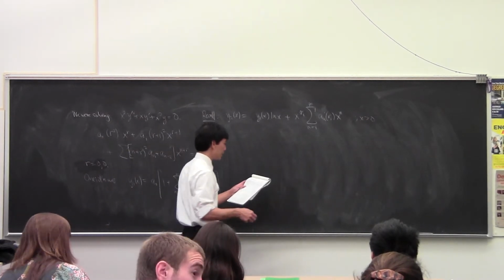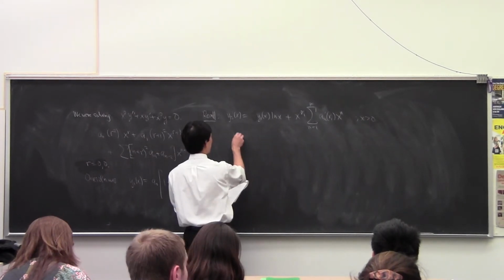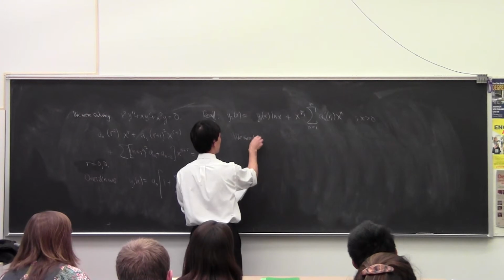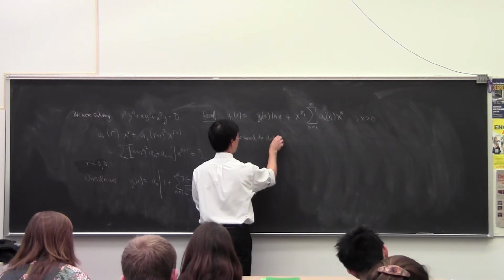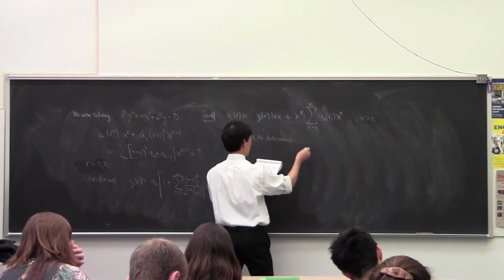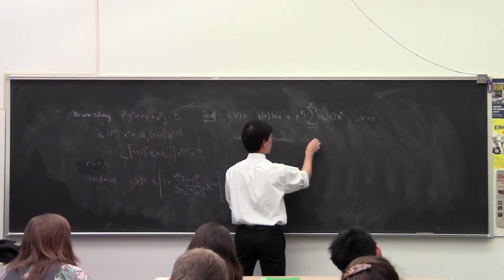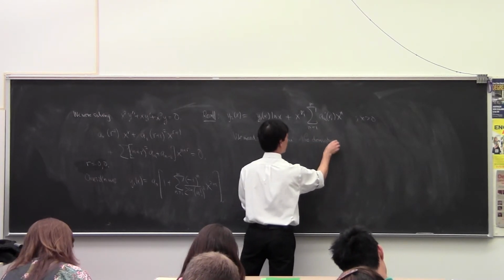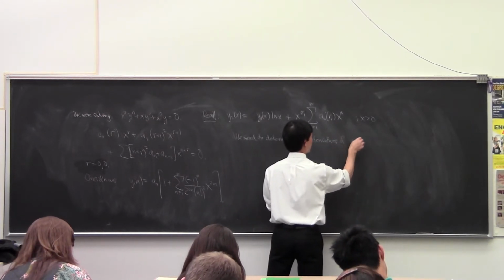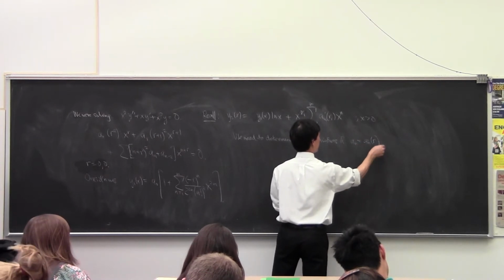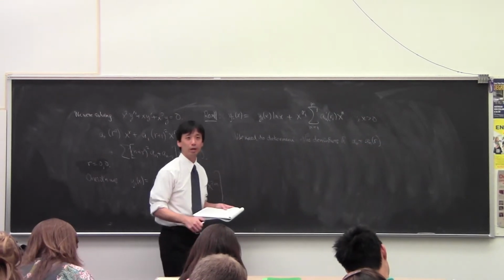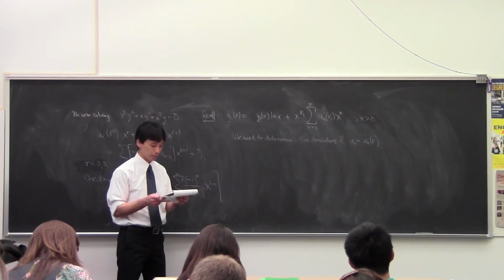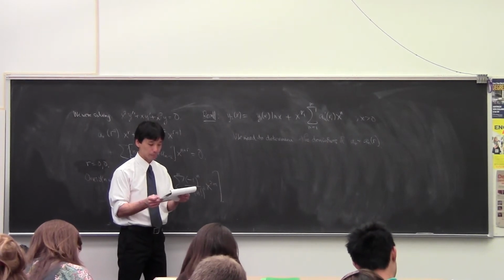And so what we need to do is determine the derivatives of the a sub n. These things depended on r, and we need to figure out what they are.